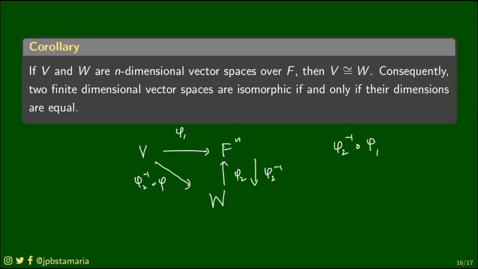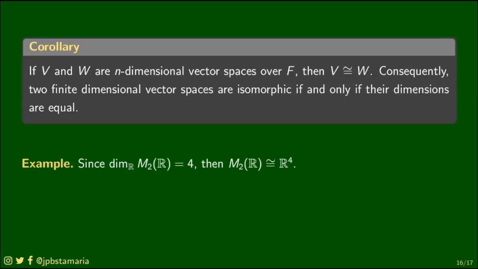So this is very big because it turned out that in linear algebra, the dimensions of the vector spaces will tell you whether they are alike or not. For example, the dimension of the space of 2 by 2 real matrices over R is 4. Therefore, I know that these 2 by 2 matrices are similar to the vector space R4.